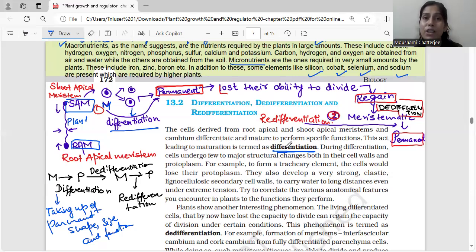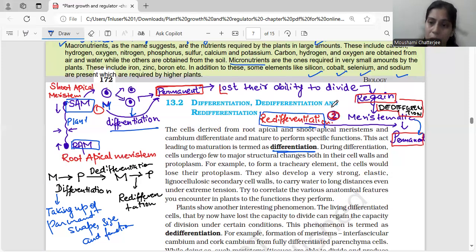Now this permanent tissue will again regain the property of dividing further and form meristematic tissue, and we call it dedifferentiation. All right. Now again we have got a meristematic tissue. This meristematic tissue is again going to form a permanent tissue. All right. When it has undergone permanent tissue formation, it is by the process known as re-differentiation.